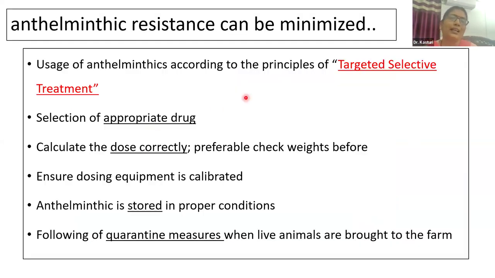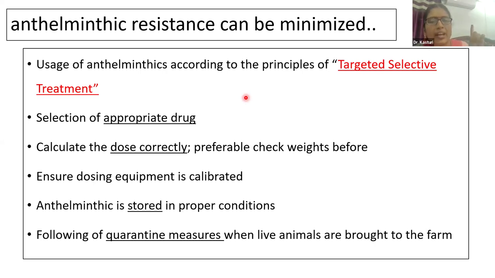How can you minimize the development of resistance? That is what we are discussing: based on targeted selective treatment, and by selection of the appropriate drug, giving the appropriate drug at the right time and the right dose is the most important thing to prevent the occurrence of anti-helminthic resistance in a farm.